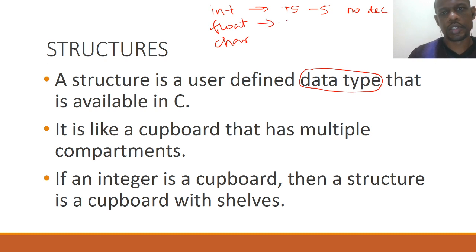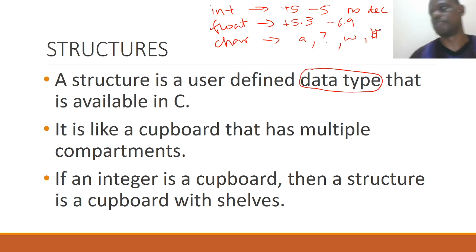A float can hold positive or negative numbers with decimals. Characters will be any character on the keyboard, like a question mark, a dollar sign, W, anything like that will be a character.